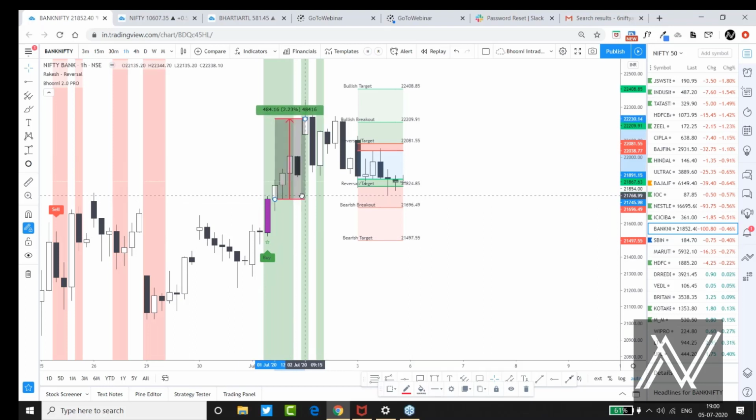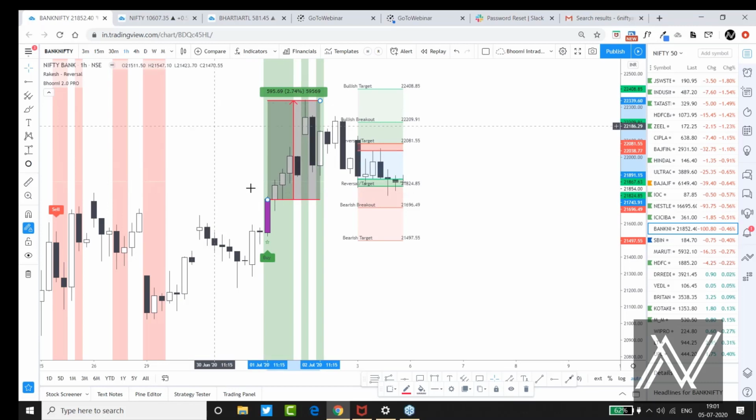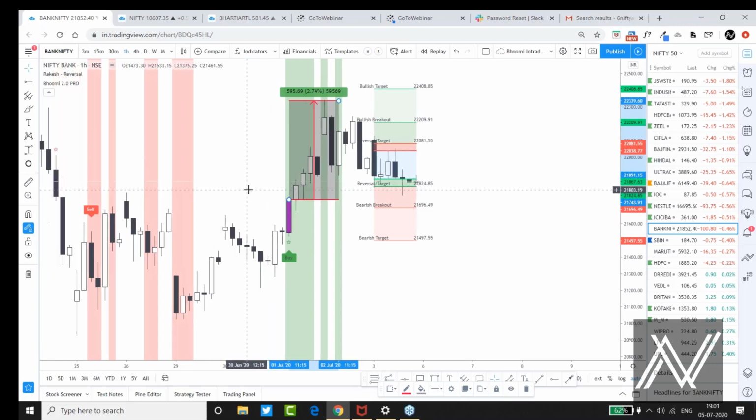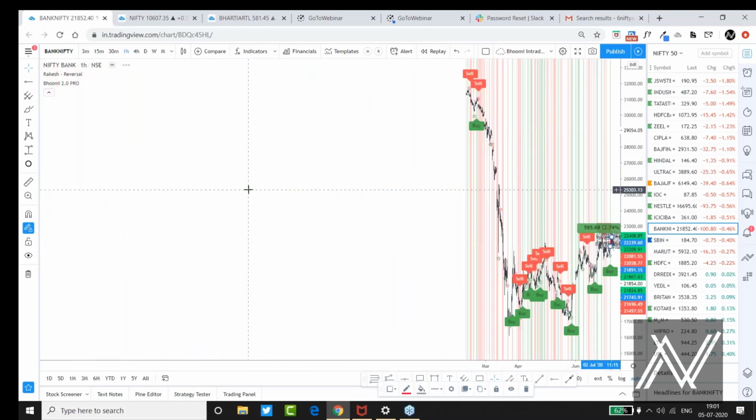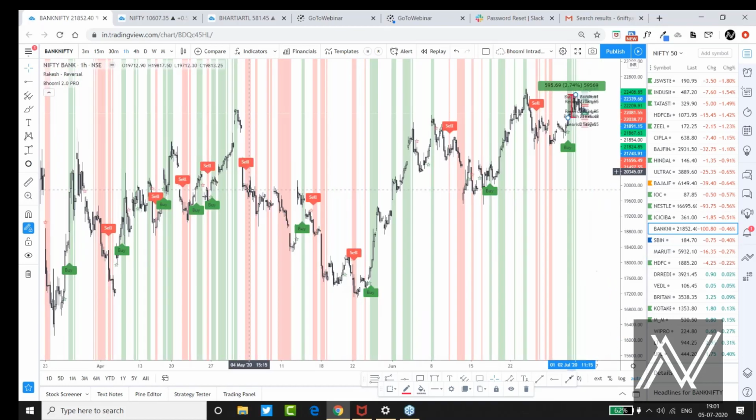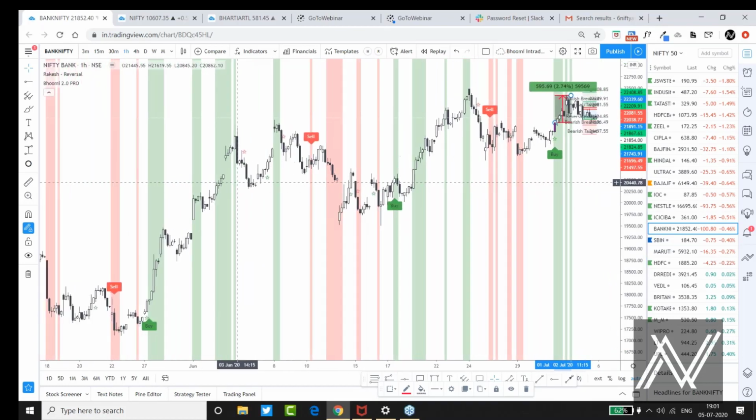I normally don't put it at the bottom of the candle, but as we see a wick, I'm taking it as such. So there was a 595 point run in the 1 hour system, and that is something I want you to look at. Other than that, I would not recommend going into daily, but on daily also it works.